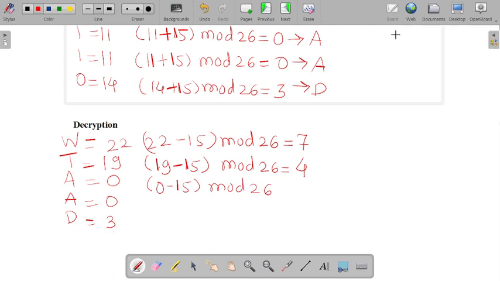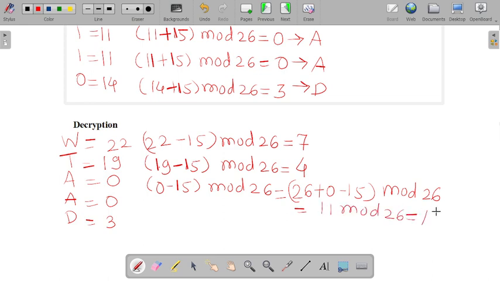Whenever we go with 0 minus 15, we get the value minus 15. But there is no alphabet for the minus 15 index. So we need to add 26 here: 26 plus 0 minus 15 mod 26. Then 26 minus 15 is equal to 11, and 11 mod 26 gives the value 11.